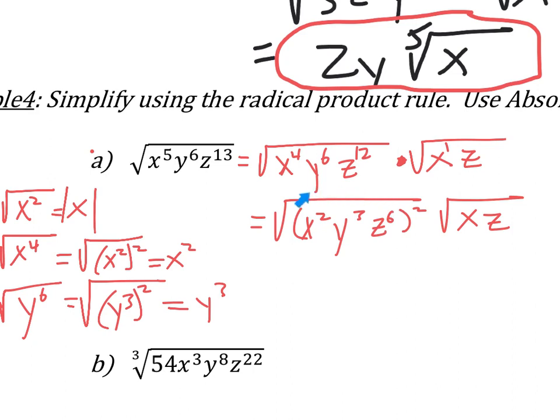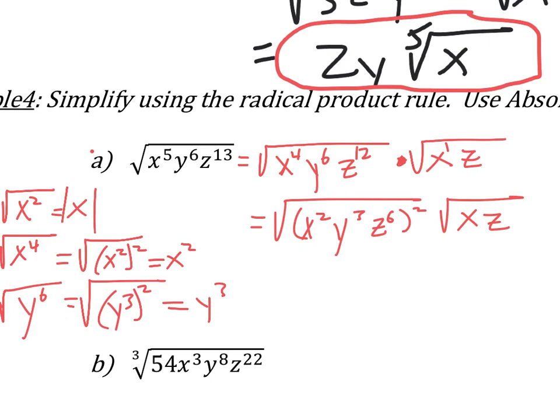Now, we've rewritten, and we can check. X squared squared is x to the fourth. Y cubed squared is y to the sixth. Z to the sixth squared is z to the 12th. Power to power, we multiply. And then we can check, okay, we have 13 z's. We've got y to the sixth. We've got x to the 4 and x to the 1. That's x to the fifth.